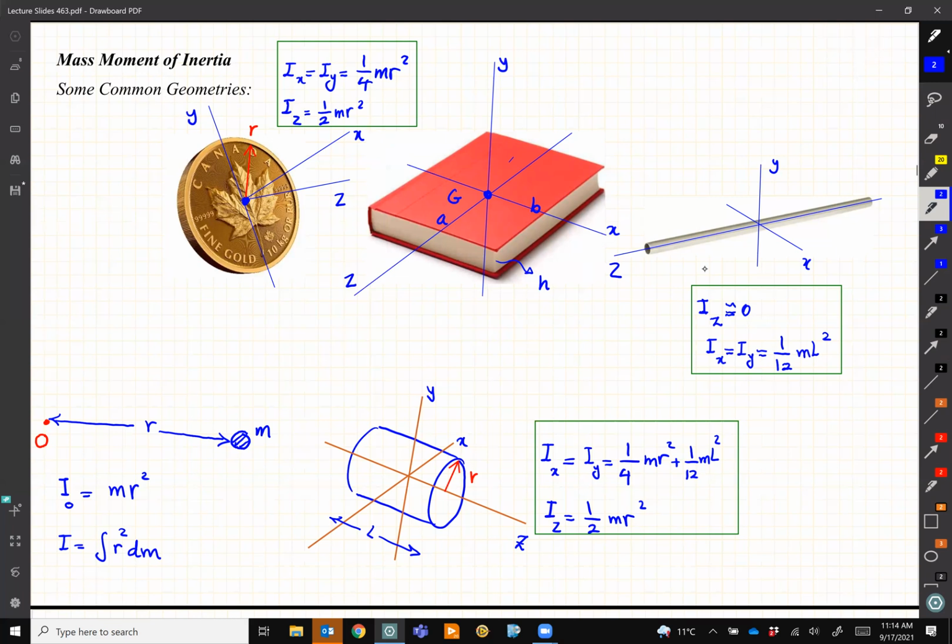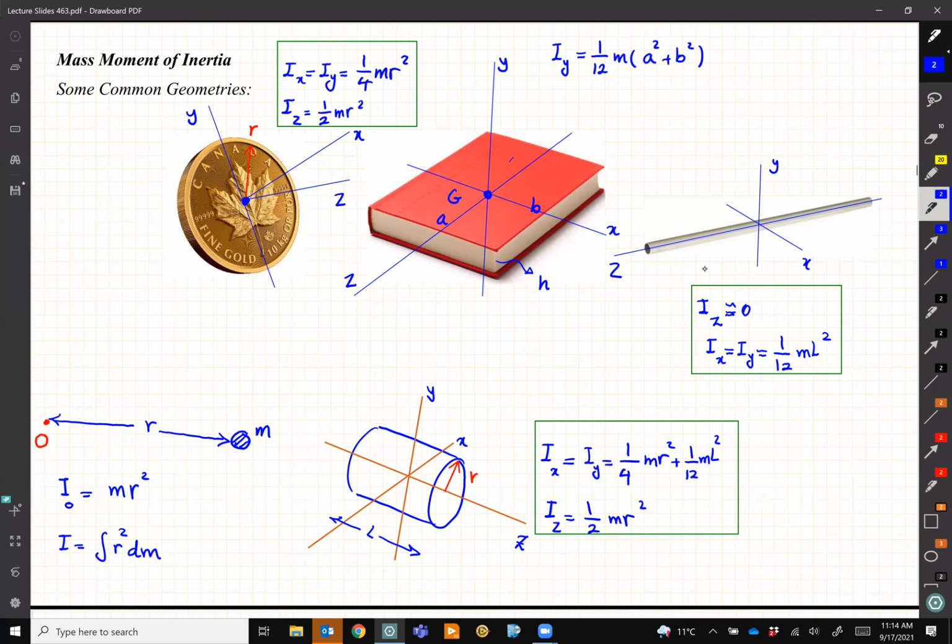So for a box, it's easy to remember. For each axis, normal to that axis, like Iy, for example, is 1/12 m times the sum of the squares of the sides that we see on that face, which are A and B, so A squared plus B squared.